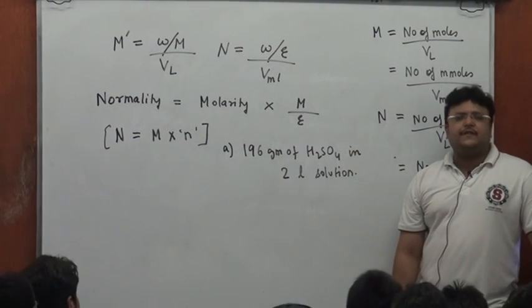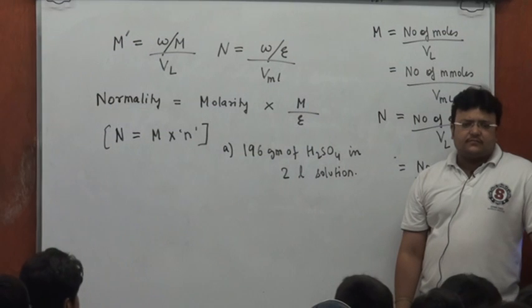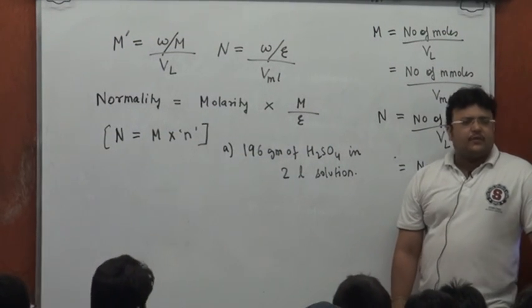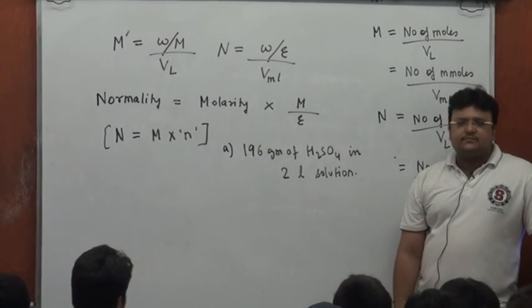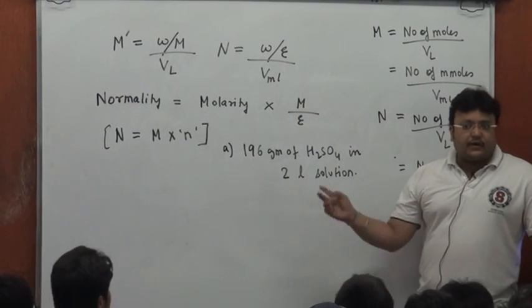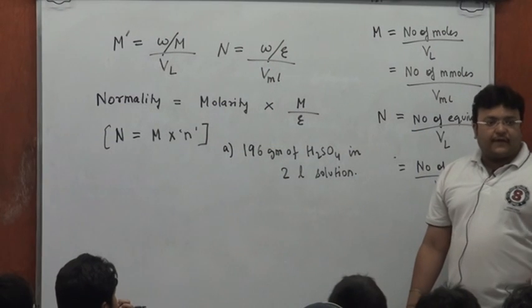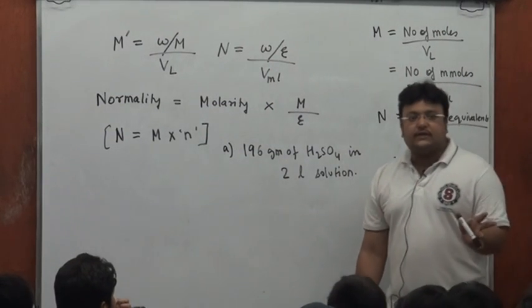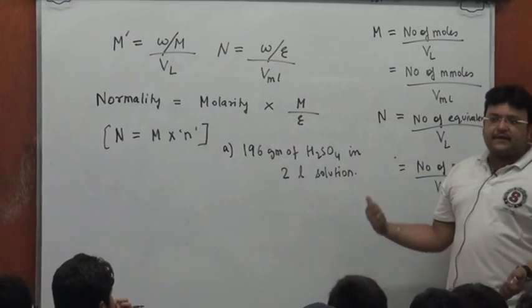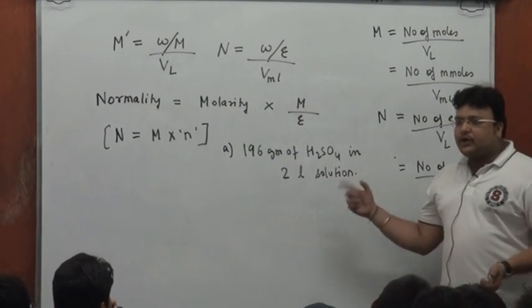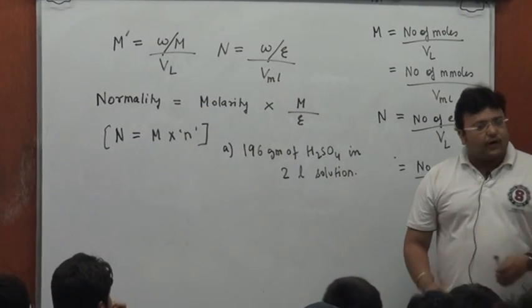What's the molecular weight of sulfuric acid? 98. What's the equivalent weight of sulfuric acid? 49. Because you realize n factor for sulfuric acid is 2. Yes or no? Yes, sir. This being dibasic, n factor is 2. So molecular weight is 98 and equivalent weight is 49.